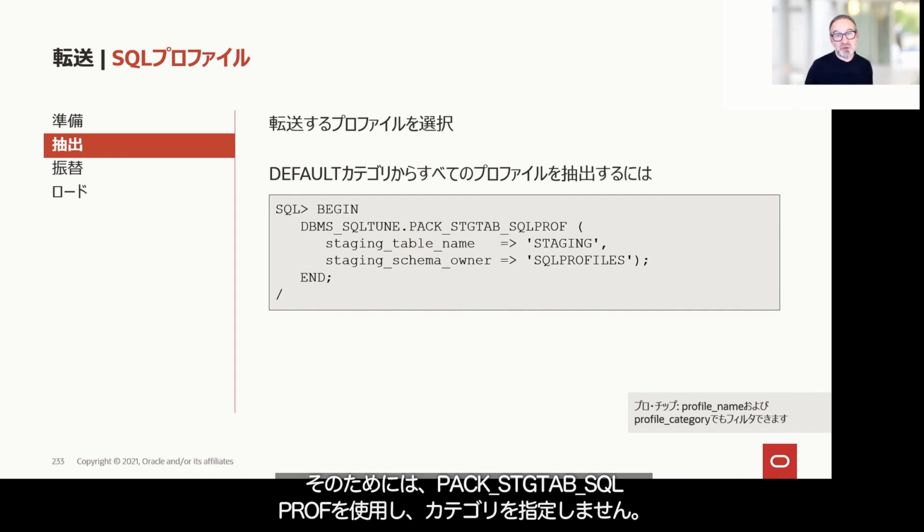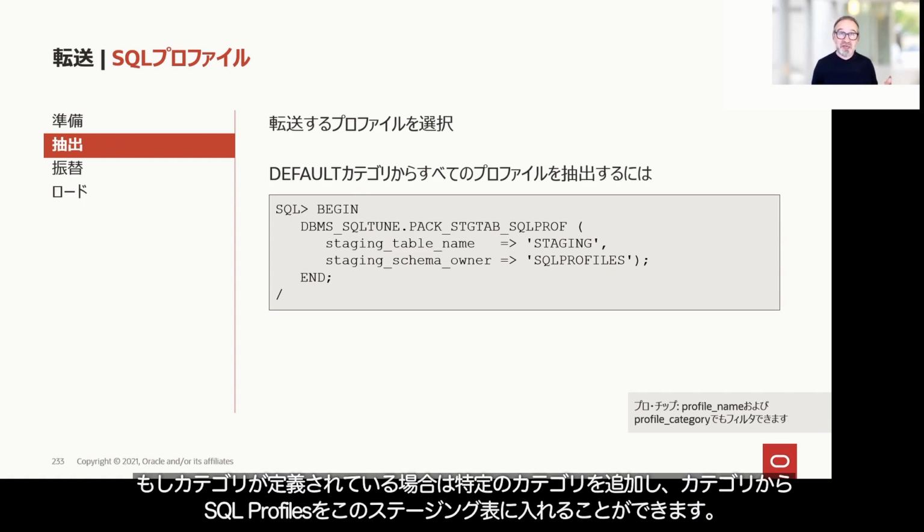And so you would use pack staging table SQL prof and don't specify any categories. If you have defined categories, you can add specific categories here to just put SQL profiles from a category into this staging table.